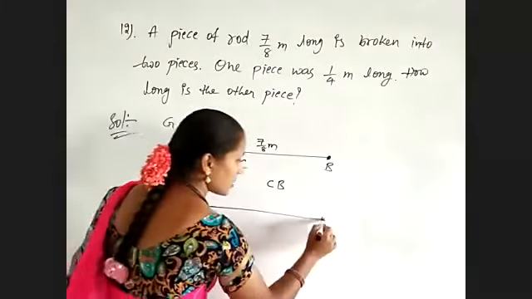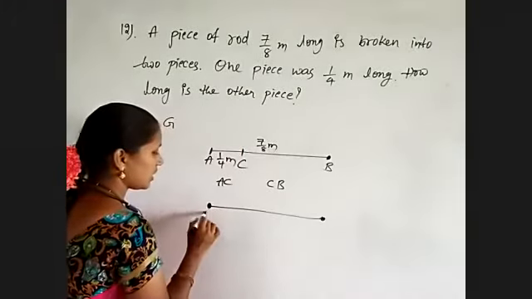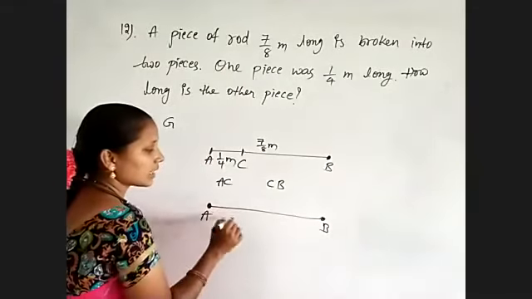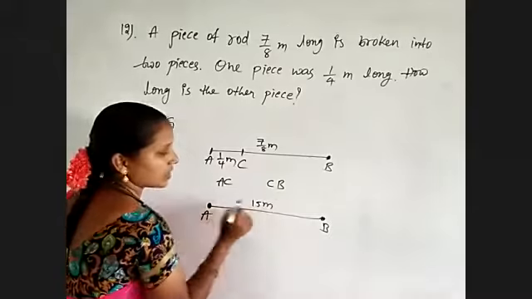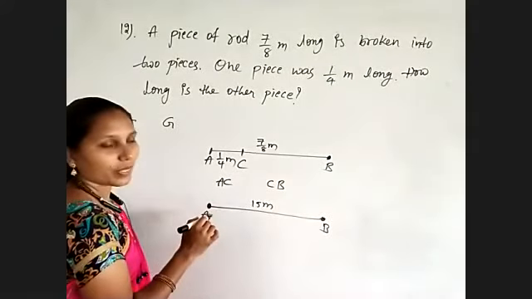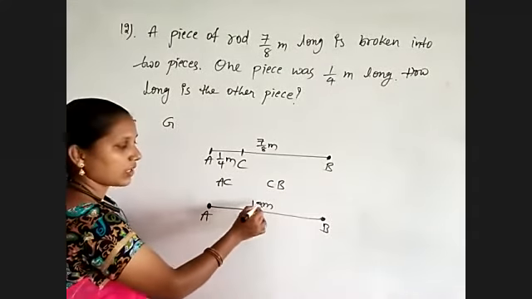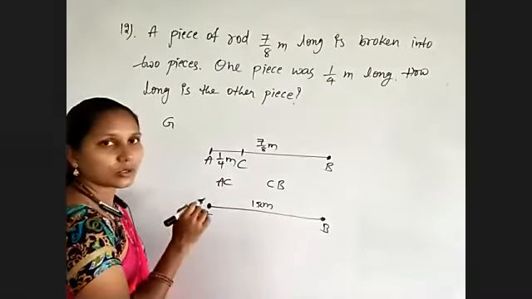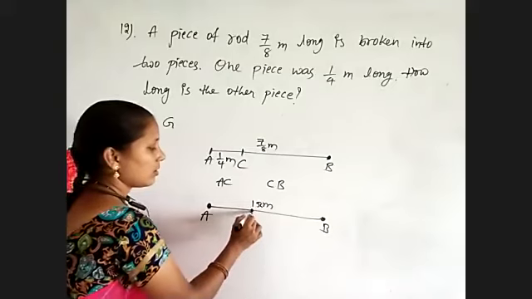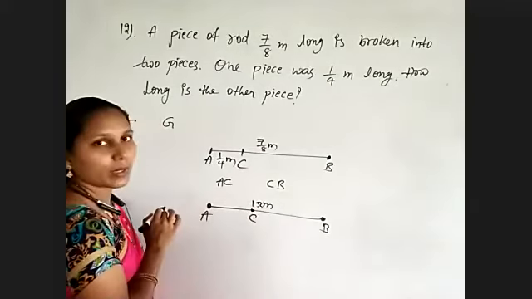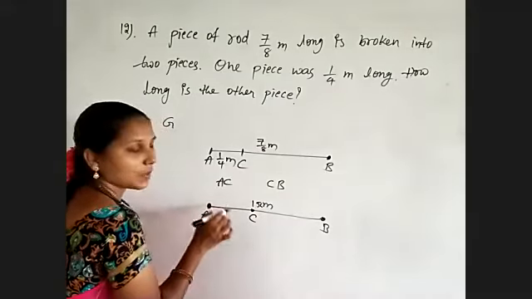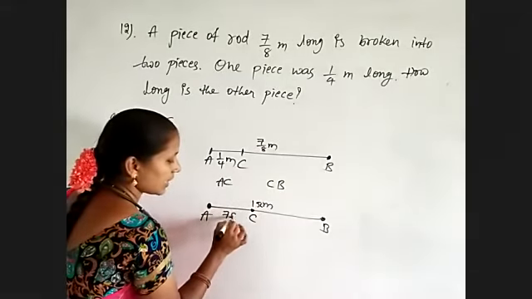Suppose this is a stick, and its length is given as 15 meters, and it is divided into two parts. The length of one part is 7.